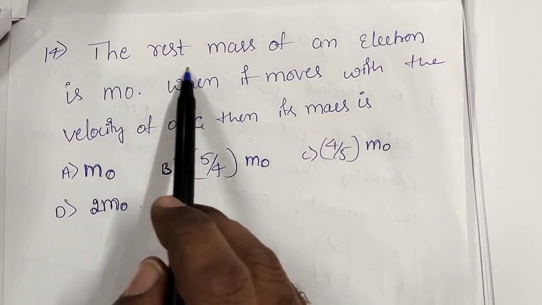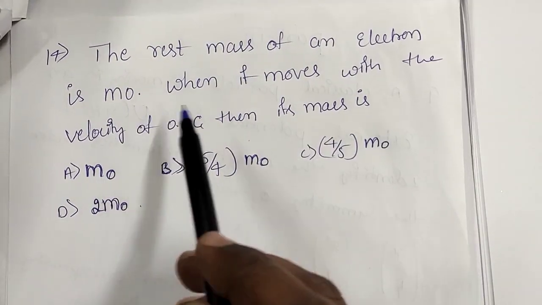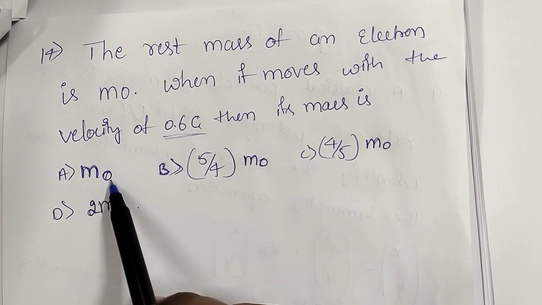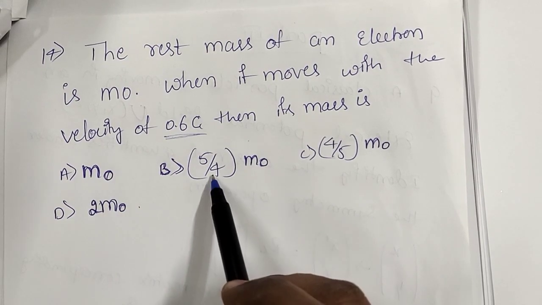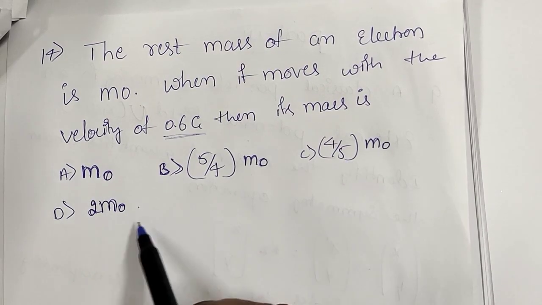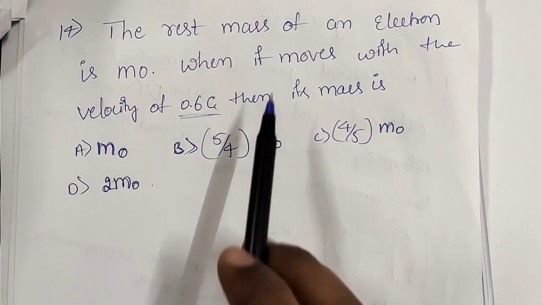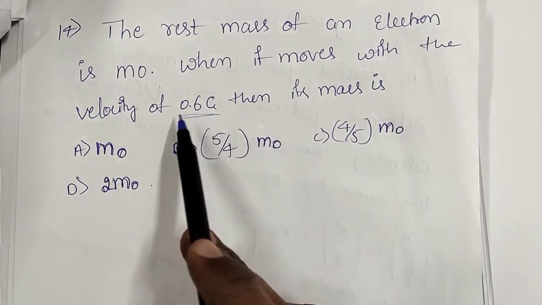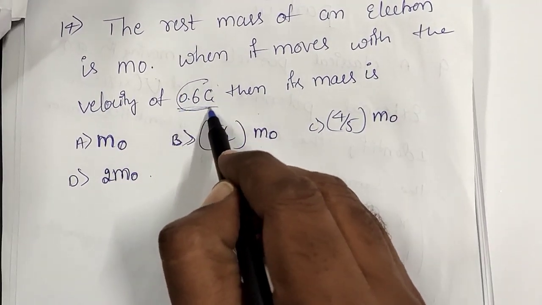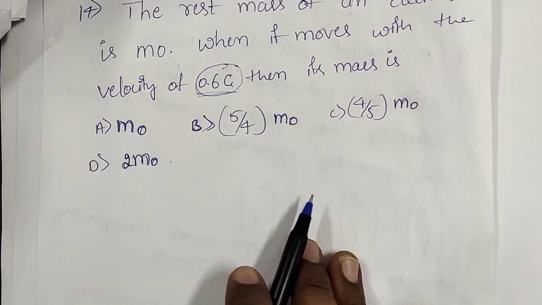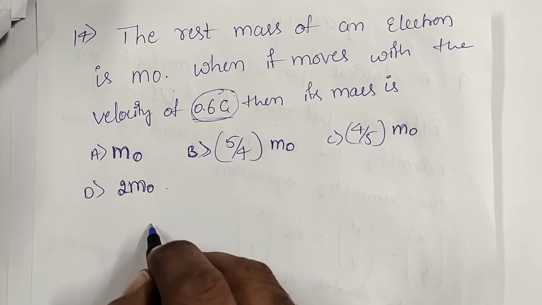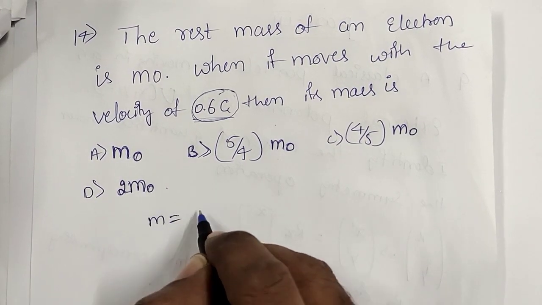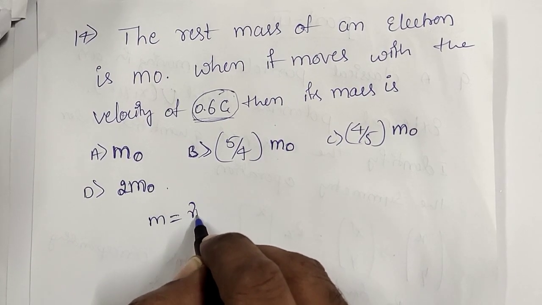Next question: the rest mass of an electron is m naught. When it moves with a velocity of 0.6 c, its mass is m naught, 5 by 4 m naught, 4 by 5 m naught, or 2 m naught. So the electron moves with a velocity of 0.6 c, which is comparable to the velocity of light. We know that when a particle moves with such a velocity, its mass gets a Lorentz correction, gamma m naught.